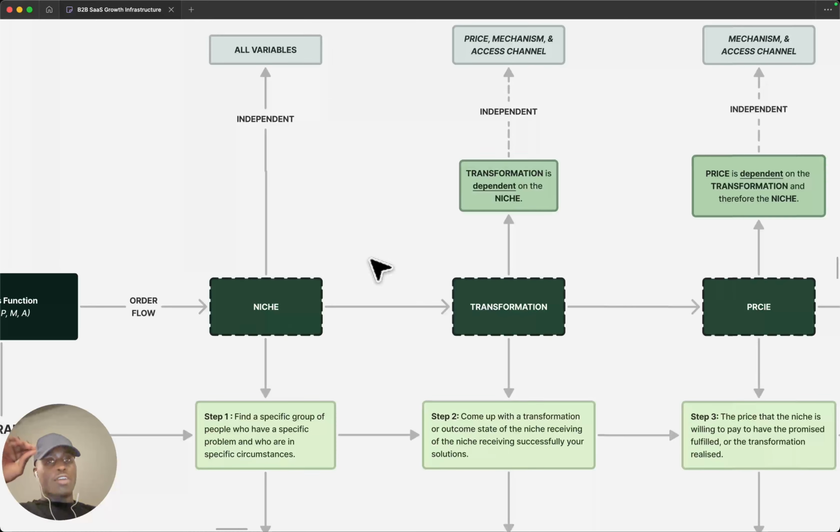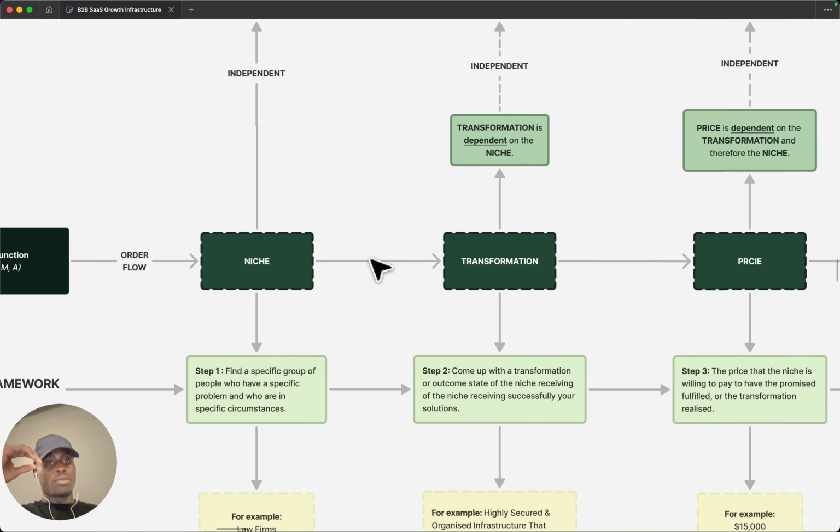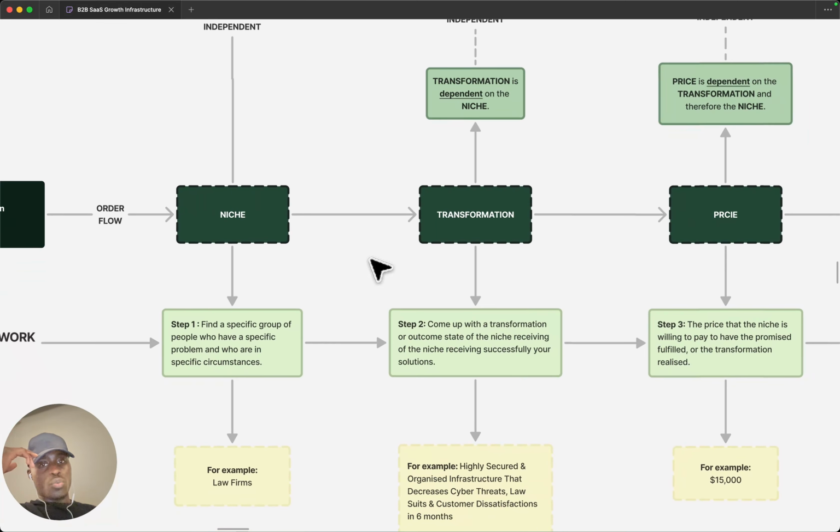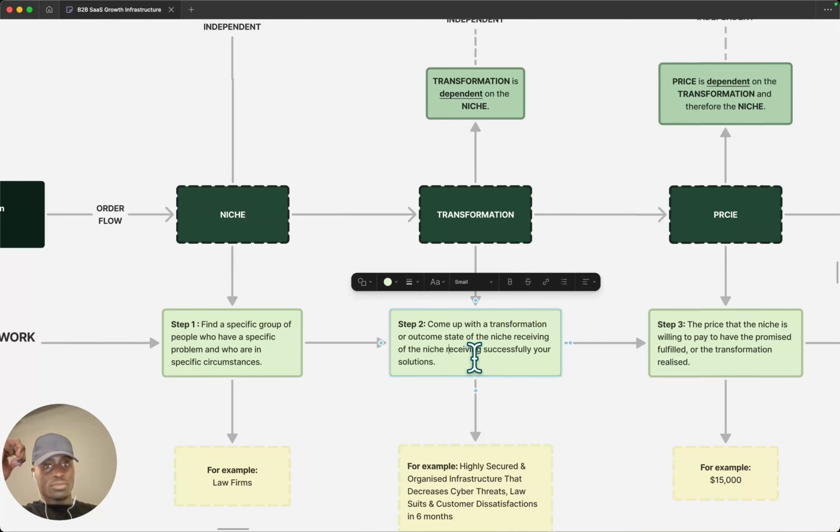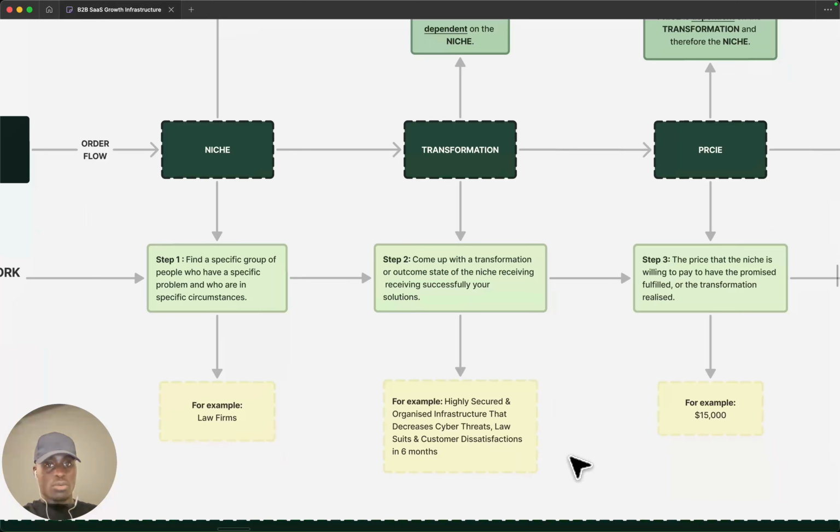After that, we have the transformation. What will be the transformation that that client will have when they consume our product? We need to come up with a transformation, or an outcome state, of the niche successfully receiving your solutions.